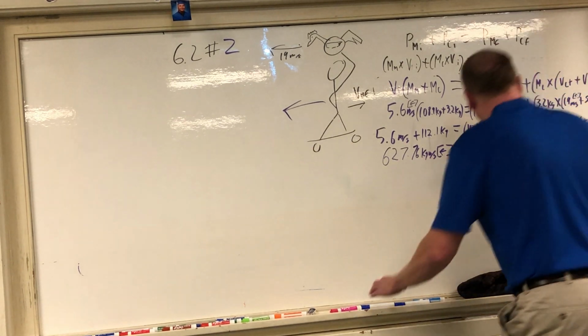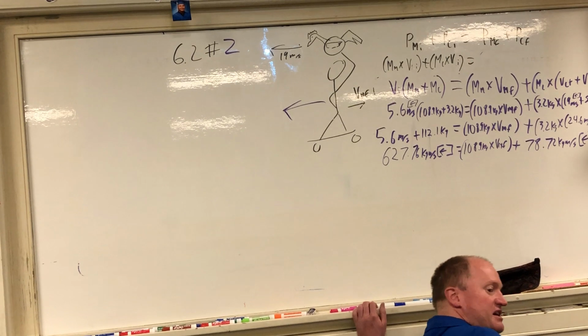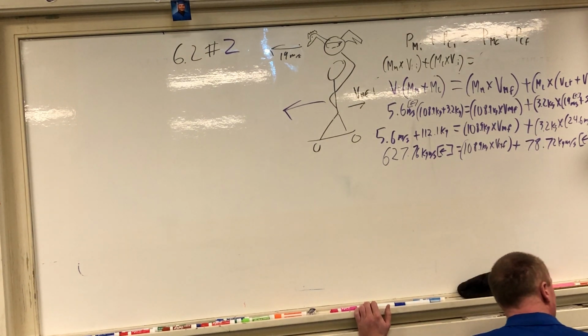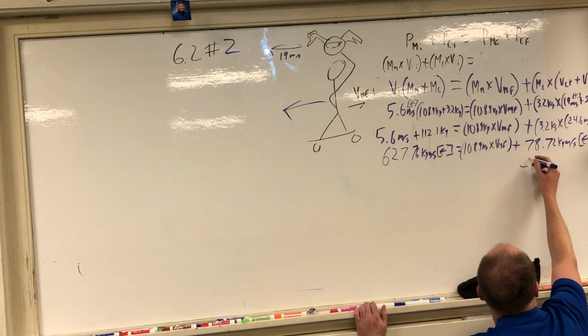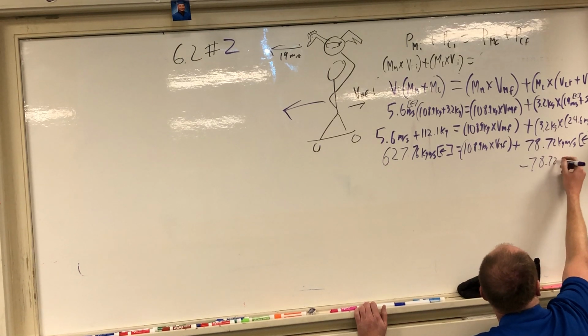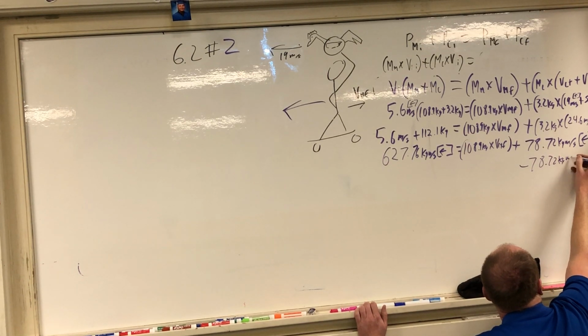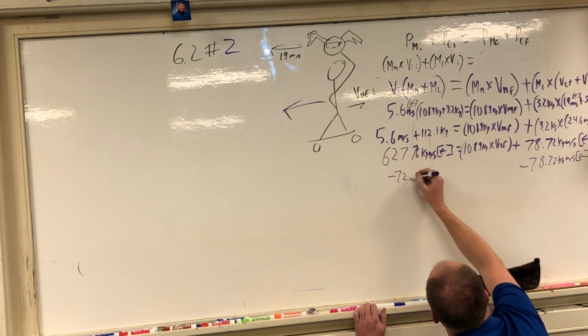So I'm gonna go through, take my little cheat sheet here, and subtract 78.72 kg meters per second that way from both sides.